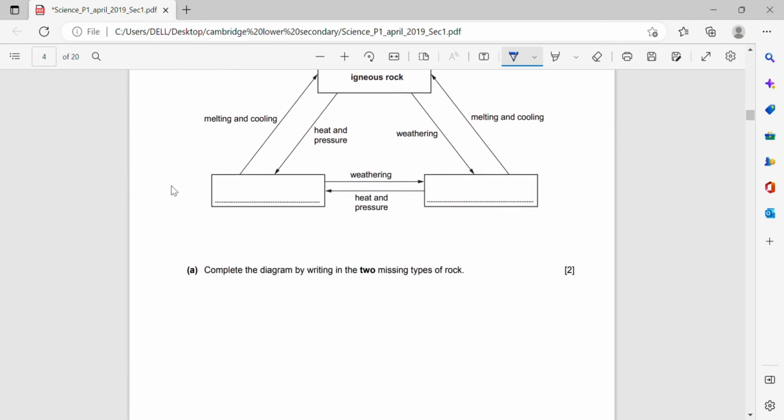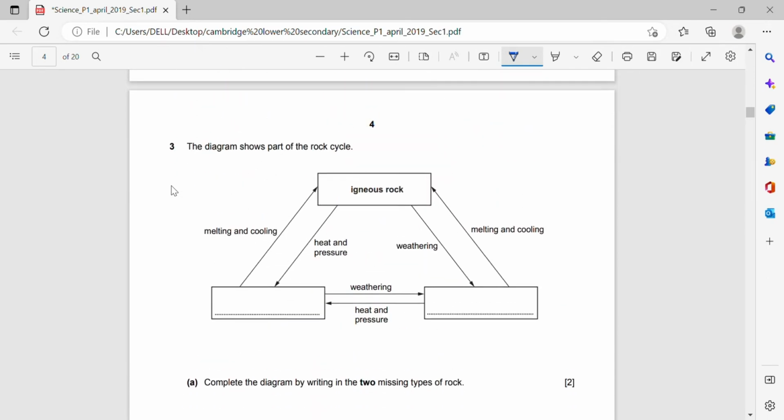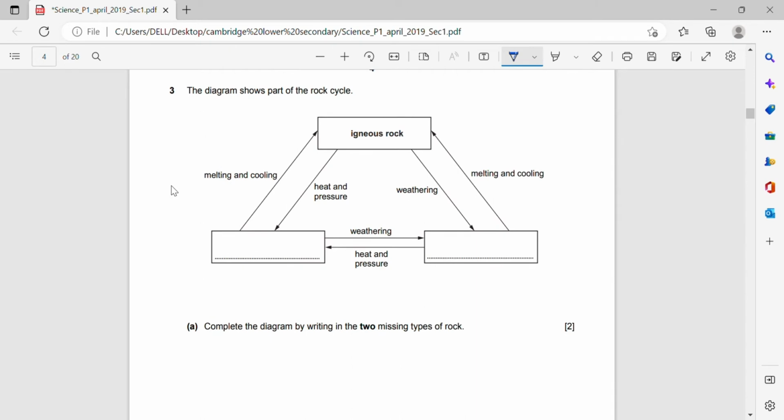Question 3. It's about the rocks. The diagram shows part of the rock cycle. This is the rock cycle. We have the igneous rock. We have melting, cooling, weathering, heat and pressure, melting, cooling, heat and pressure, and weathering. نفتكر مع بعض كده what's meant by the word weathering.